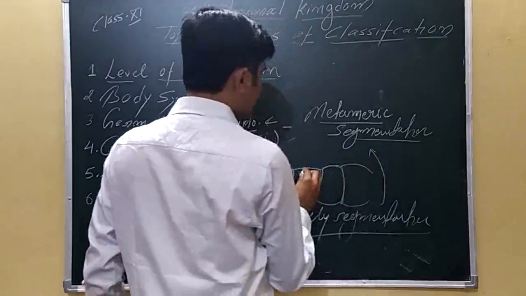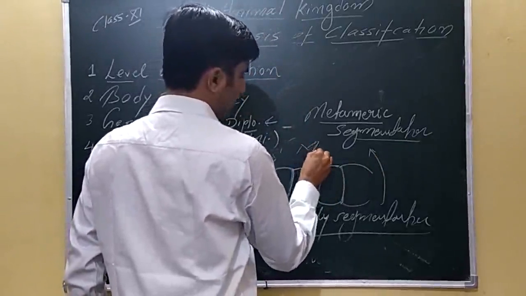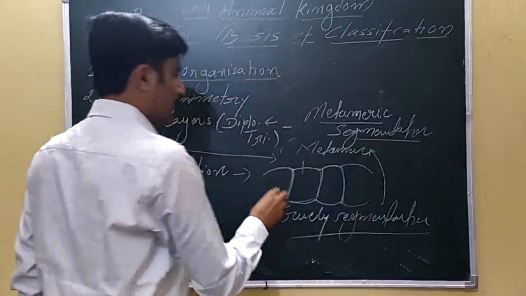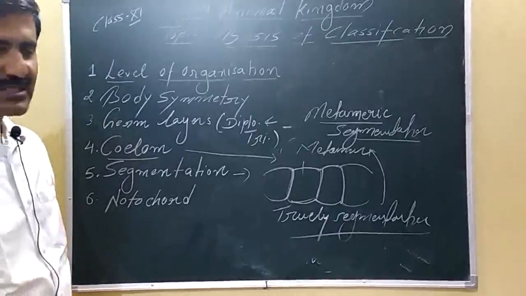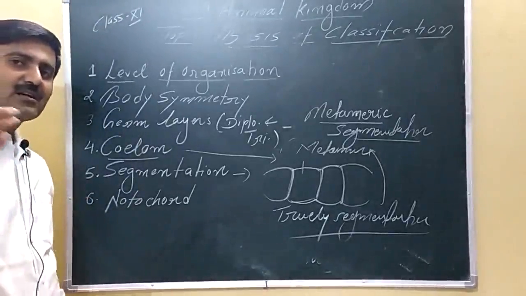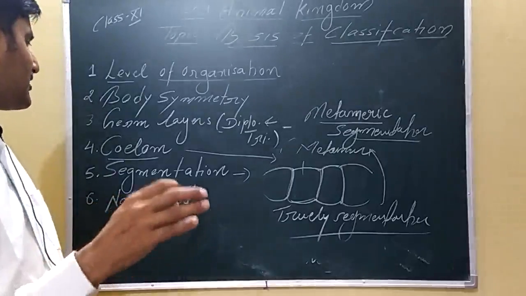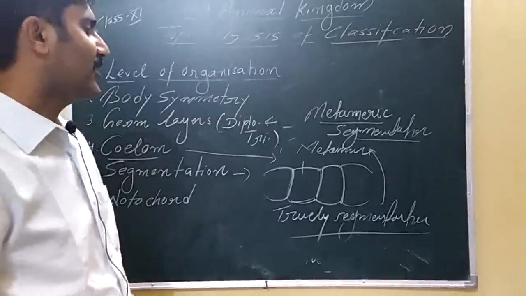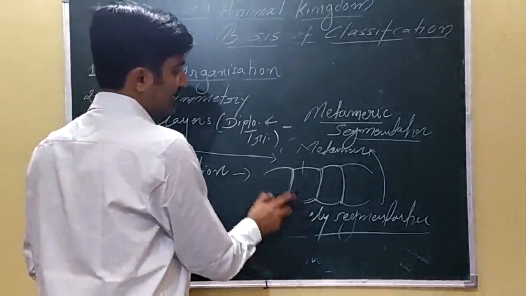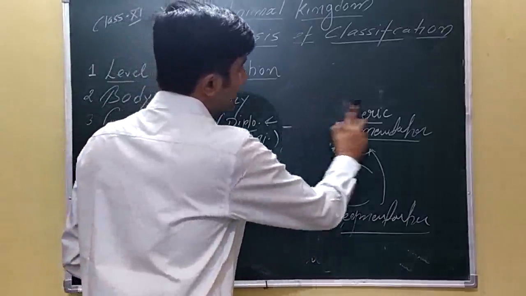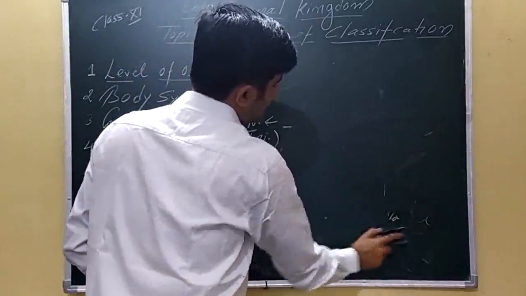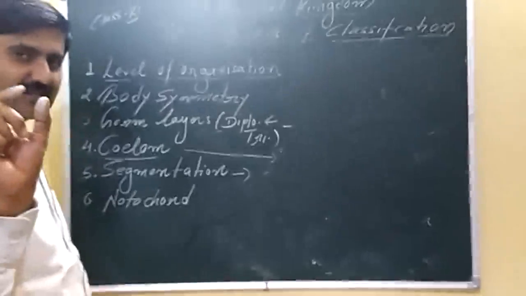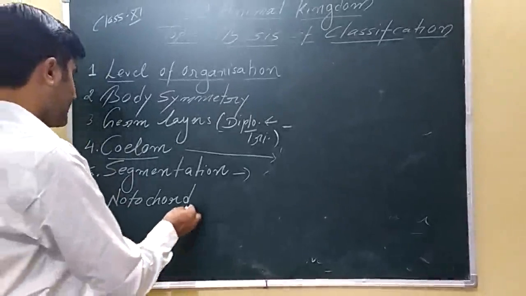Each segment is called a metamere. And if the body is not divided into segments, then it is called asegmented. So please remember the very important term: when the body is truly segmented and the internal segmentation is repeatedly present, this repeated segmentation is called metameric segmentation, and each segment is called a metamere, right?